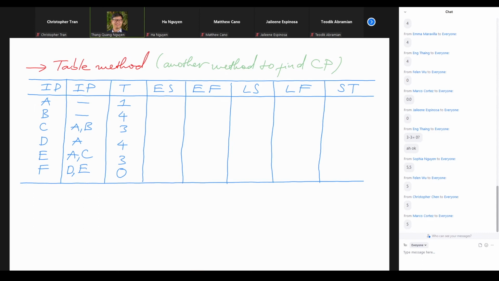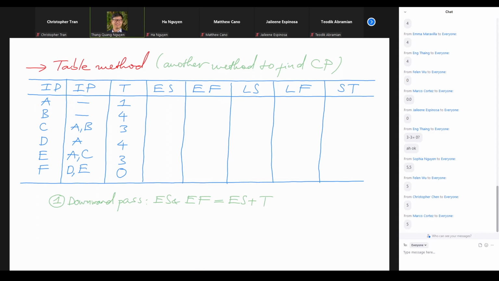Then here's an overview of what we are doing next. Step number 1, we will need to do the so-called downward pass, so that we can fill in the earliest start and the earliest finish, where the earliest finish equals the earliest start plus T. Right.